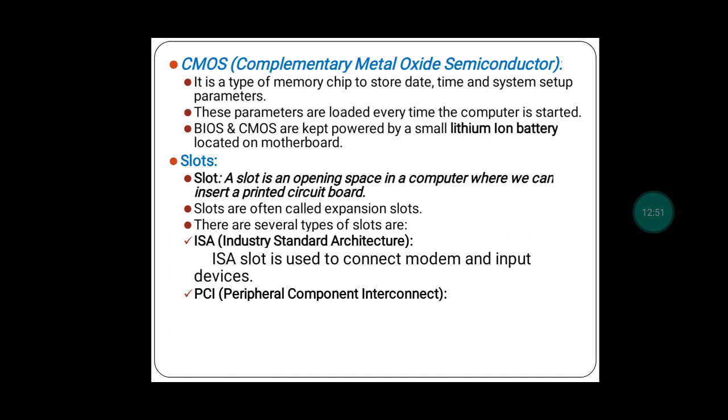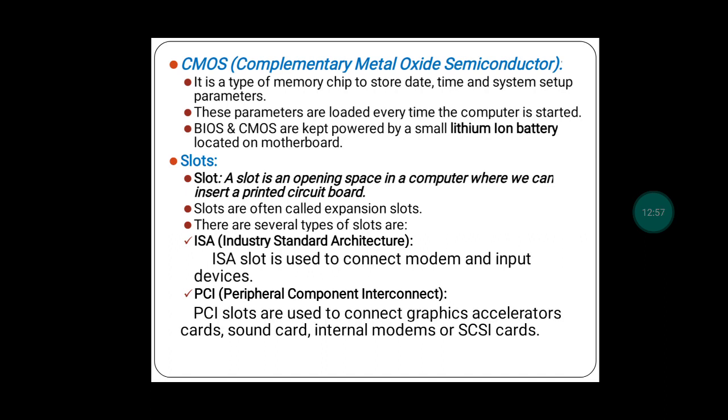The next slot is PCI, that is peripheral component interconnect. This slot is used to connect graphics accelerator cards, sound cards, internal modems or SCSI cards. So just remember the work of a slot: we use slots to connect some of the external peripherals to the computer system.